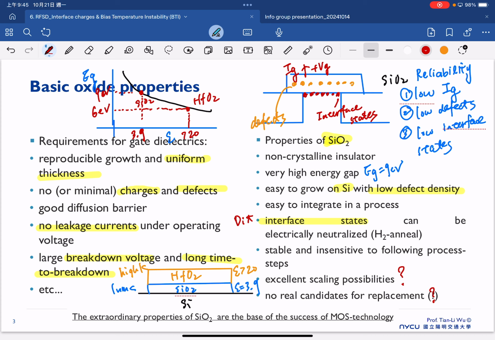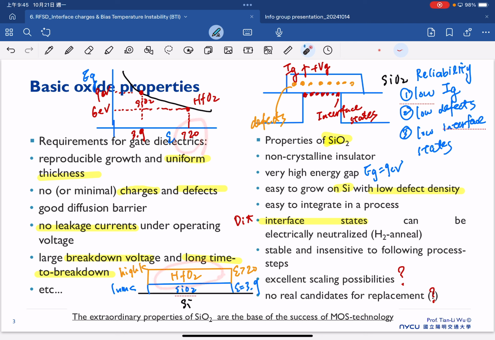That's why we cannot only deposit a single high-K, because a single high-K layer only has a very small band gap. So sometimes we need to compromise between these two features. One is silicon dioxide, which has a large band gap. Another is hafnium oxide, where we want the property of a high dielectric constant.